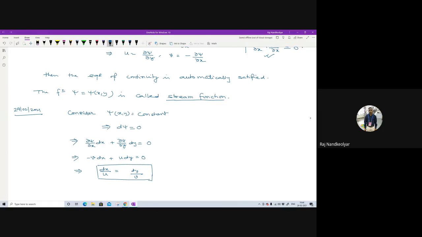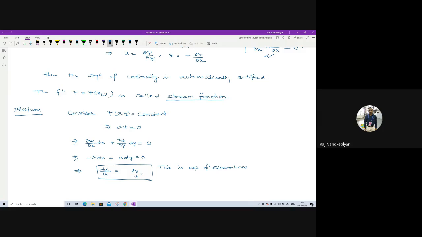Have we already discussed this equation? What is this equation? This is actually the equation of streamlines.